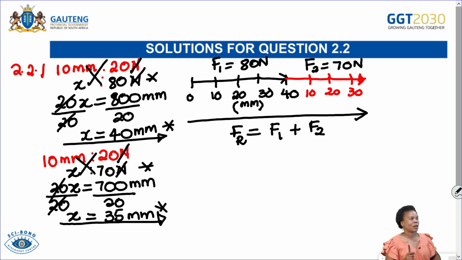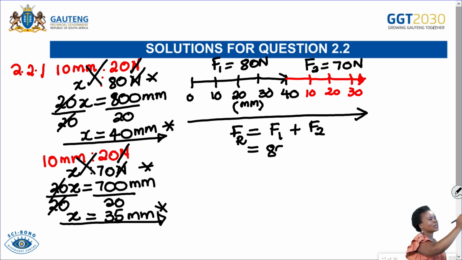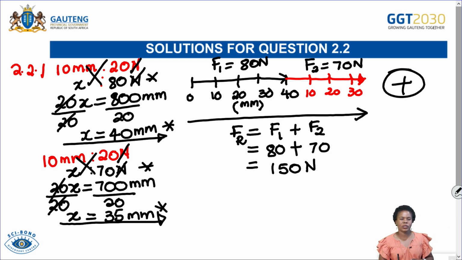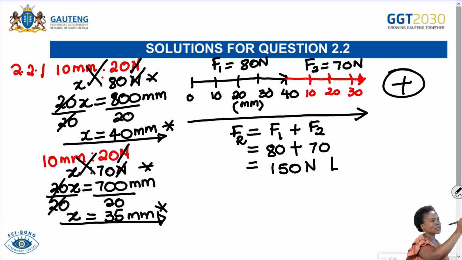So it's going to be positive numbers all the way. So that means that you're going to have your 80 plus your 70, which is going to give you positive 150 newtons. Because initially you had chosen the easterly direction as positive, because both of them are going in the easterly direction. Therefore, your answer is positive, and therefore also because your resultant force is a vector, it is 150 newtons east.